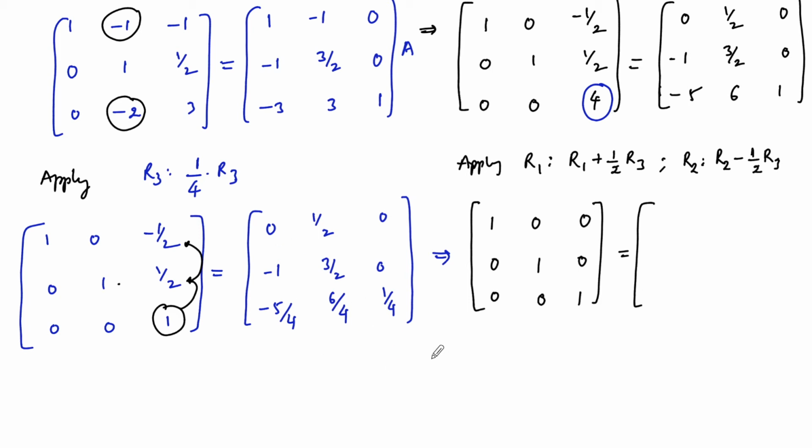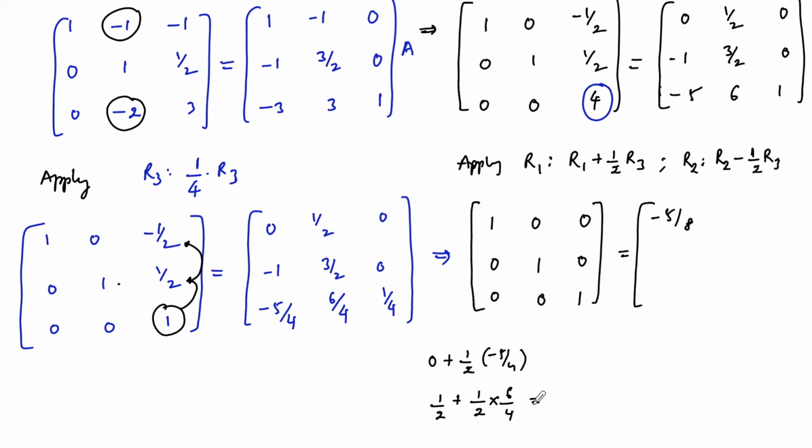R1, let me do rough here, 0 plus 1 by 2 times of R3. So we'll be getting minus 5 by 8. And then second element, 1 by 2 plus 1 by 2 times of R3, that is 6 upon 4.